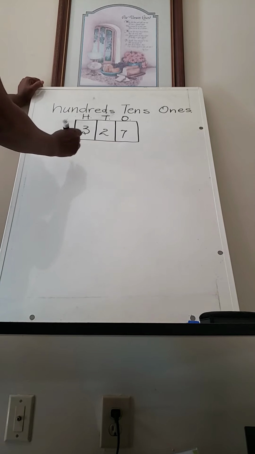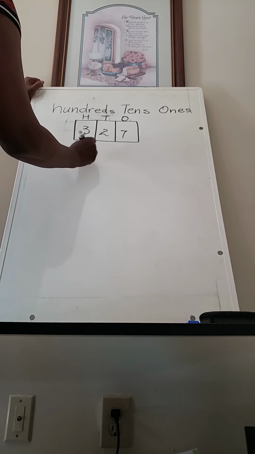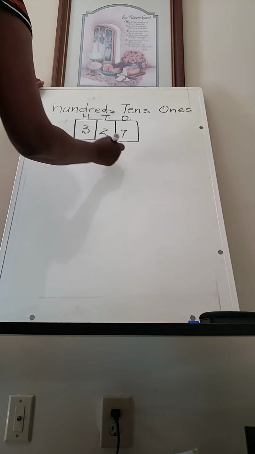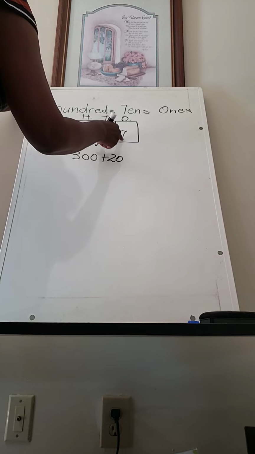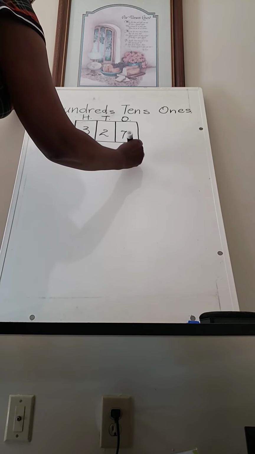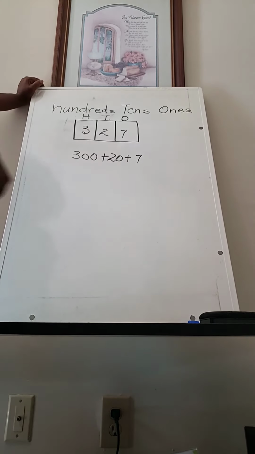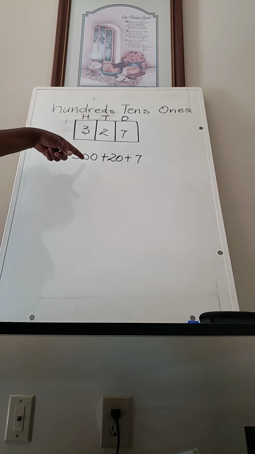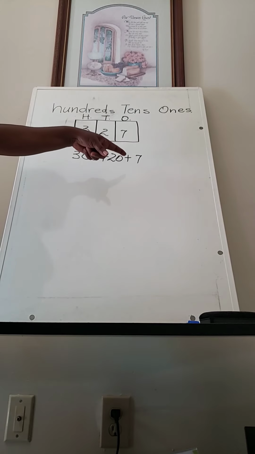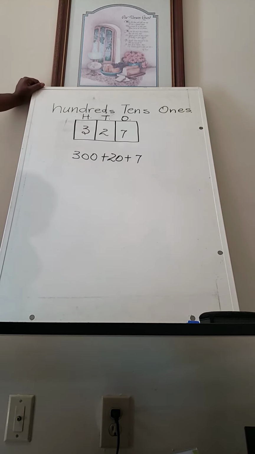We will have 300 plus 20 plus 7. This has the same value because it is 327. That's another way we can write it.